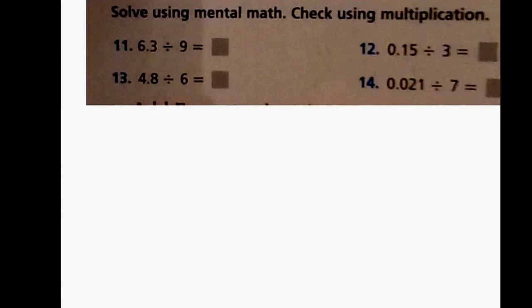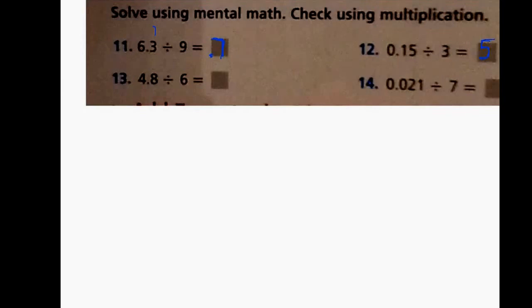Now we know these are all basic facts, like 9 goes into 63 7 times. But that 7 is going to go above the 3, so that means the decimal point is going to go right above it. So it's 0.7, or 7/10. Number 12, again 3 goes into 15, that's a basic fact, we know it goes in there 5 times.